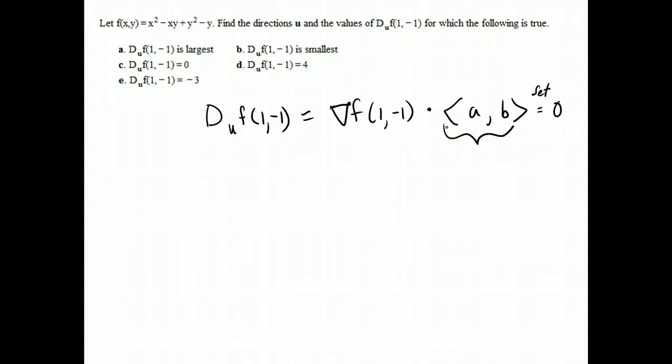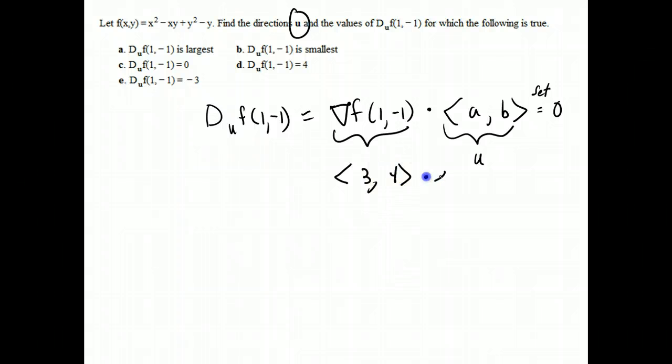This vector AB, in this setup at the top, they call it u, and so that's to help us out. It's not just any generic vector that's going to make the dot product 0. It is a unit vector. So whatever the magnitude is, we have to make it equal to 1. But we know this value from before. The gradient at 1, -1 is 3, -4.